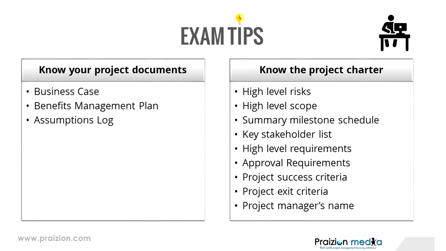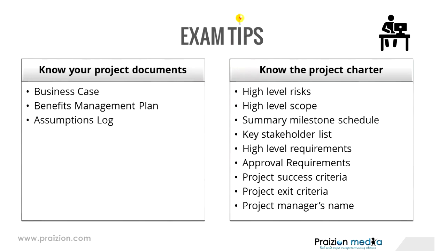So in the project charter, we could have things like high-level risks, high-level scope being talked about. We could have summary milestone schedules. We could have a list of potential stakeholders or key stakeholders. We could have high-level requirements, and we could also have the approval requirements.